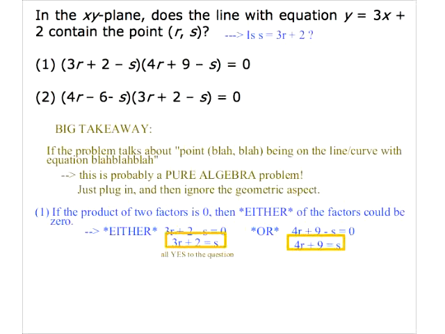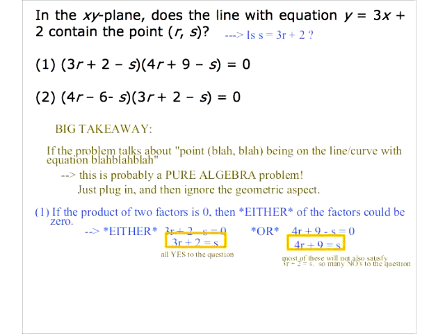On the other hand, if 4R plus 9 is S, then most of these points will not also satisfy 3R plus 2 equals S. So many no's to the question.